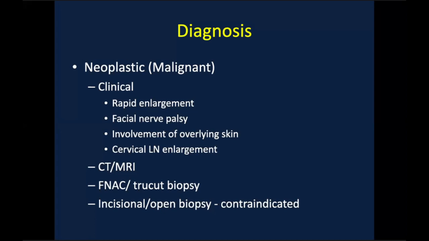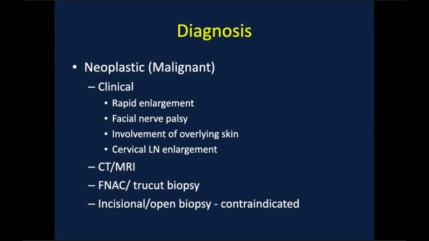Then the next step, of course, is to get a histological diagnosis. Histological diagnosis is usually by FNAC, fine needle aspiration cytology, which is quite helpful. If you can't get a diagnosis, then you can do a true cut biopsy with a true cut needle. Bigger biopsies with an incision or open biopsies, they say are contraindicated, because if you put a small incision and try to take a piece of the tumor, what they say is you might spread it everywhere in the tract, on the skin.